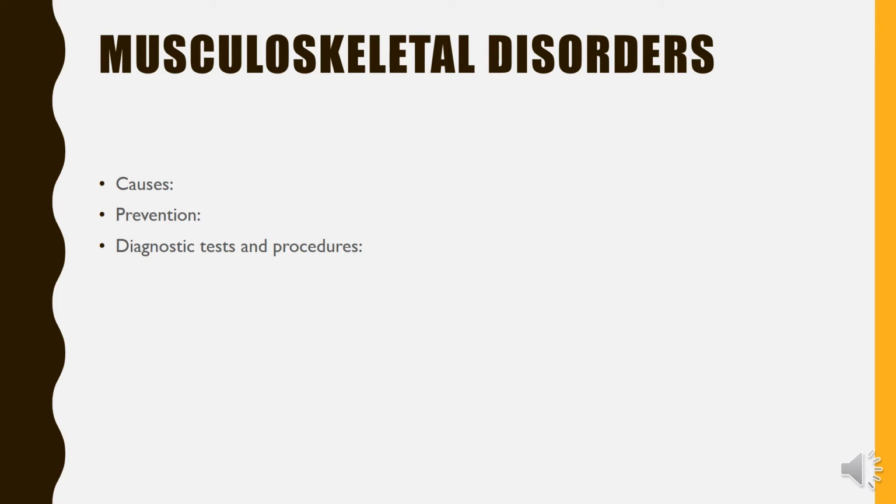Poor nutrition deprives the body of sufficient calcium and phosphorus needed for strong bone growth. Inadequate protein intake can cause muscle wasting. So it is important to educate our patients over the need for adequate amounts of calcium and phosphorus.